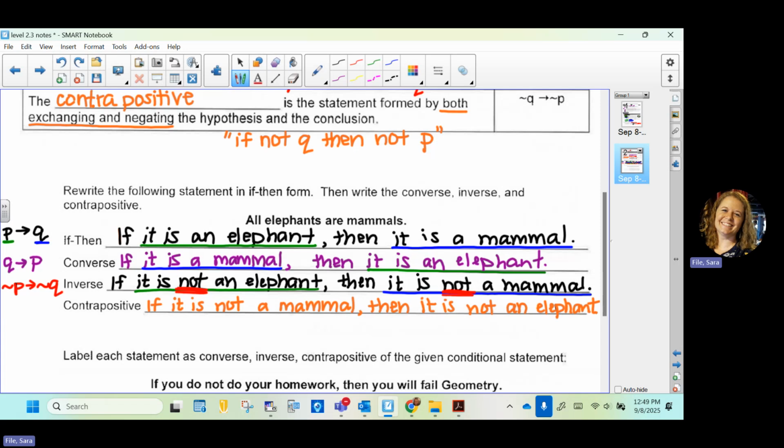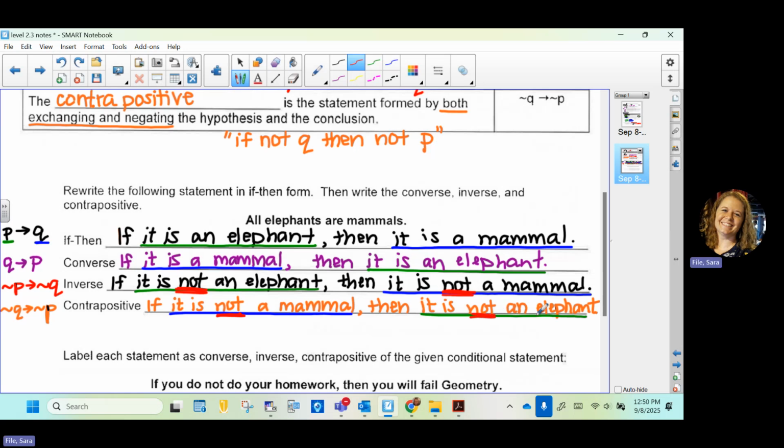So this one is, if not Q, then not P. All right. So I switched the order. And put the not.